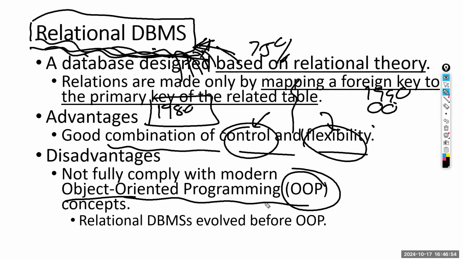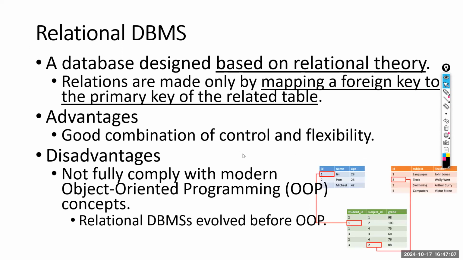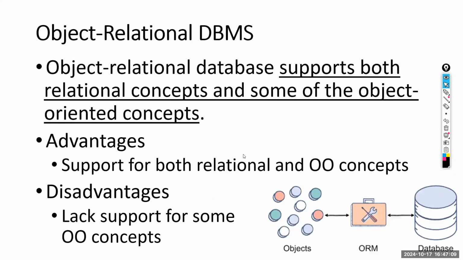And those relational DBMSs with some additional support for object-oriented features, we call object relational database management systems. An object relational database management system means a relational database management system with support for object-oriented concepts.